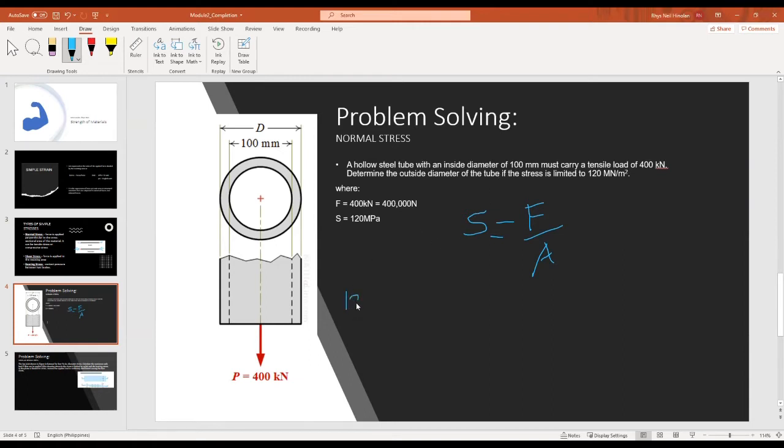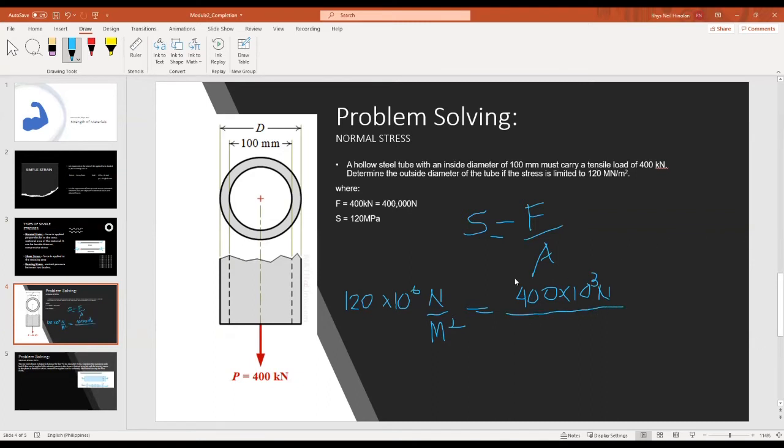So 120 times 10, since it's mega, raised to 6 Newton per meter square is equal to 400 times 10 raised to 3 all over the area.